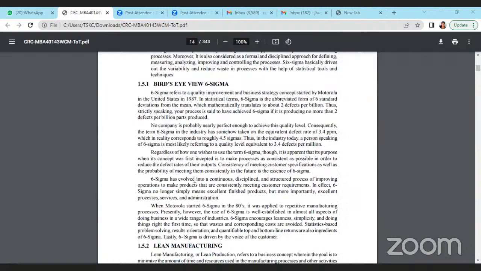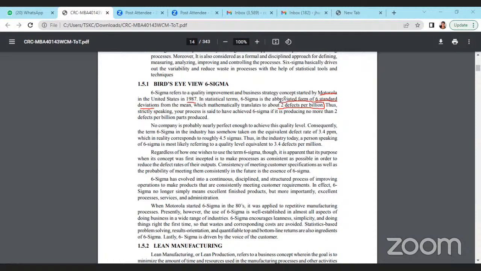That is a bird's eye view of Six Sigma. It refers to quality improvement, and it was first started by Motorola in the US, that is the United States, in 1987. Sigma is abbreviated from standard deviation, which mathematically translates to about 2 defects per billion.